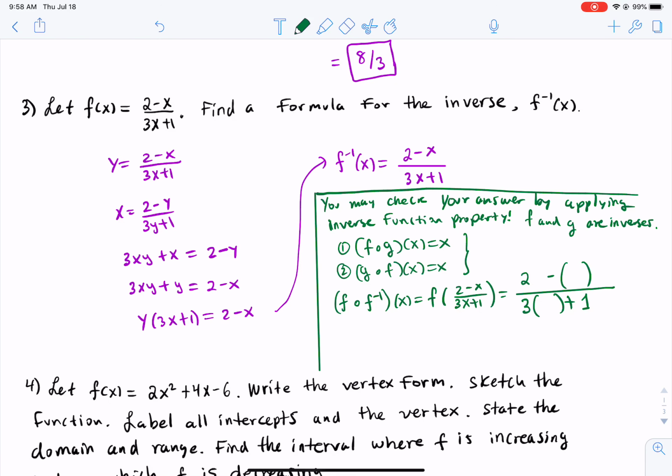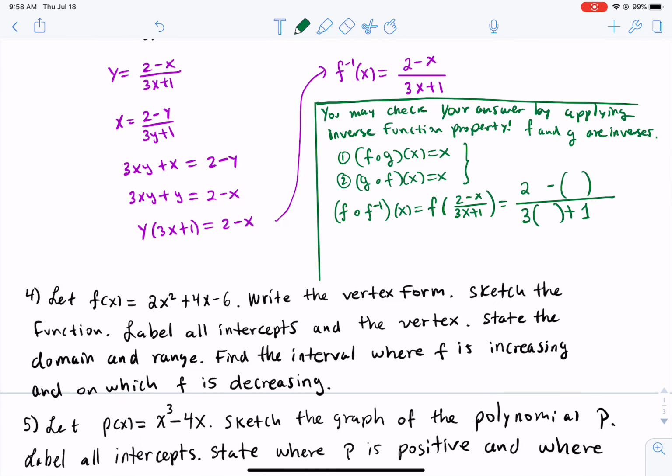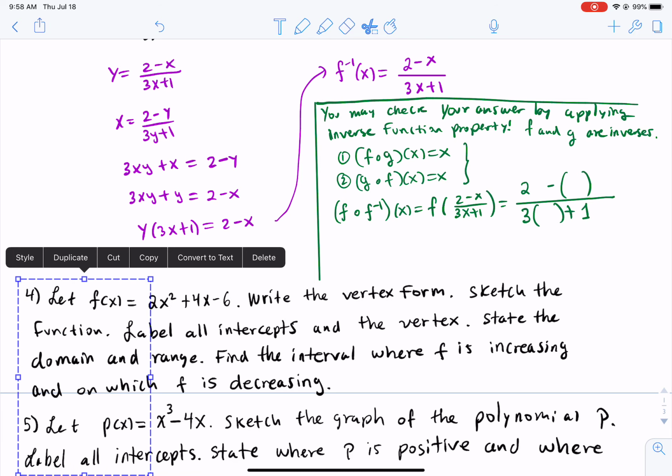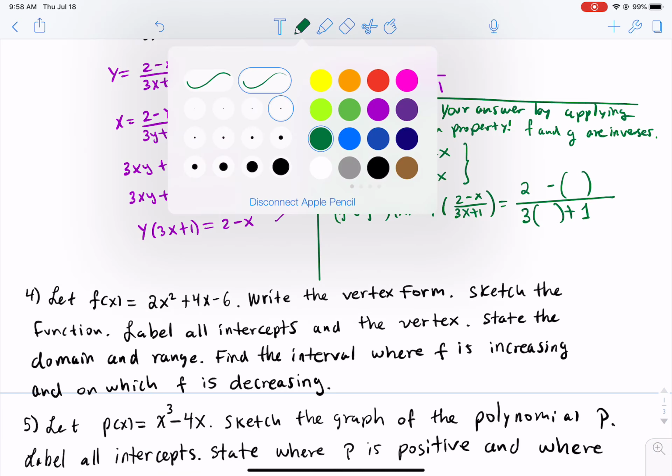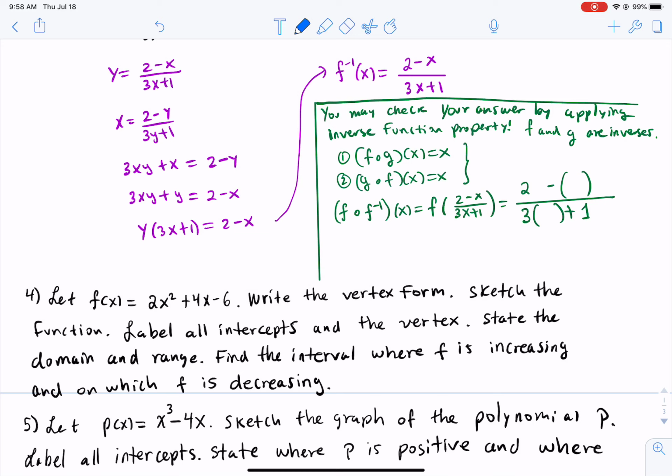What are we replacing the parentheses inside of these parentheses with? 2 minus x over 3x plus 1. Yeah. So in here we're going to have 2 minus x over 3x plus 1. And the same thing here, 2 minus x over 3x plus 1.